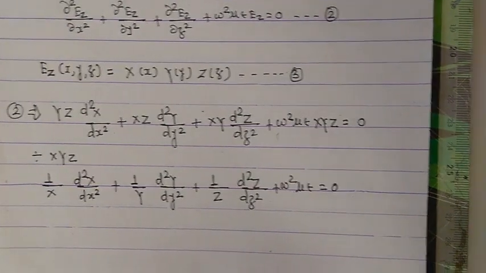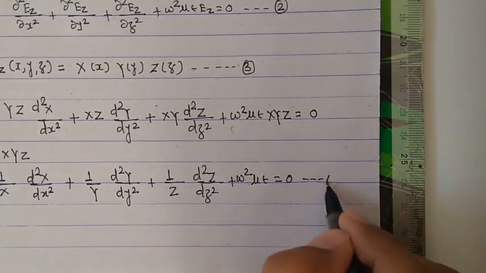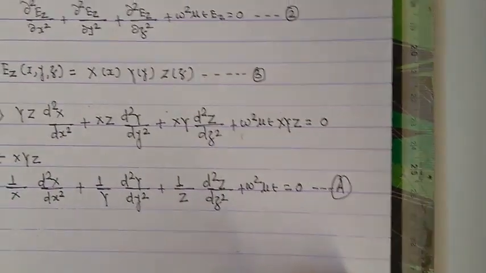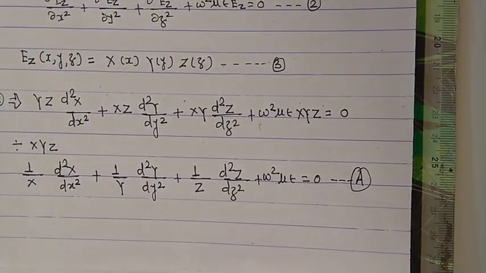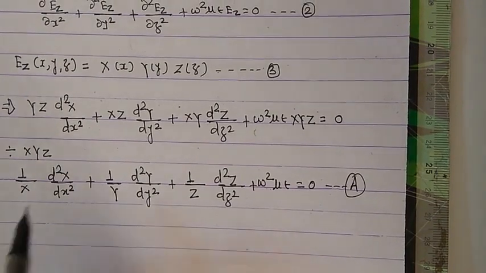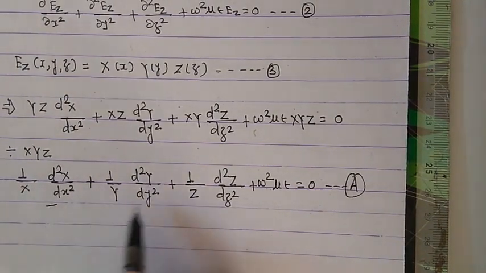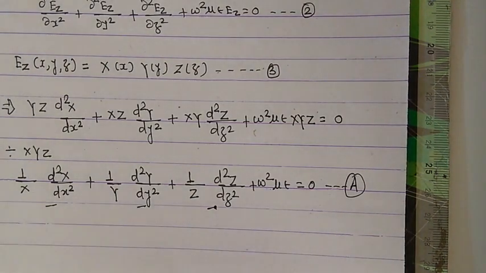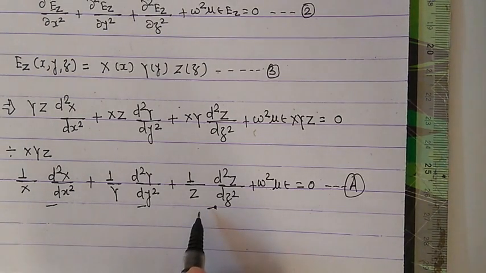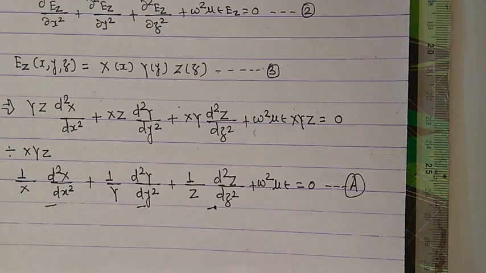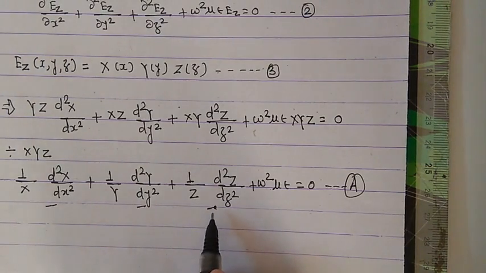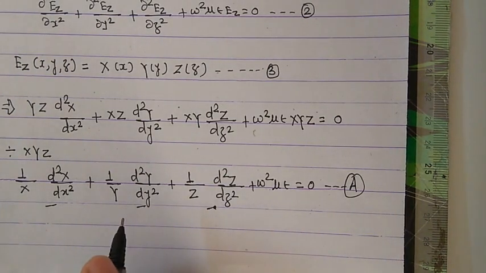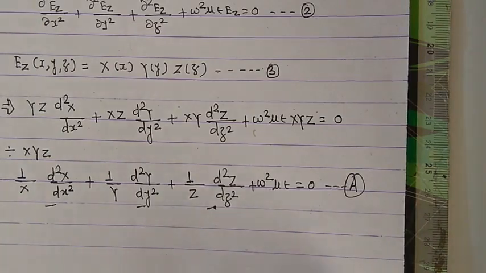Let us call this equation A. Now, what we have discussed just before, these three terms should be constant quantities, and these constant quantities should be satisfied for every value of x, y, and z. So therefore, these three terms must be some constants. So we'll equate these terms to some constants.